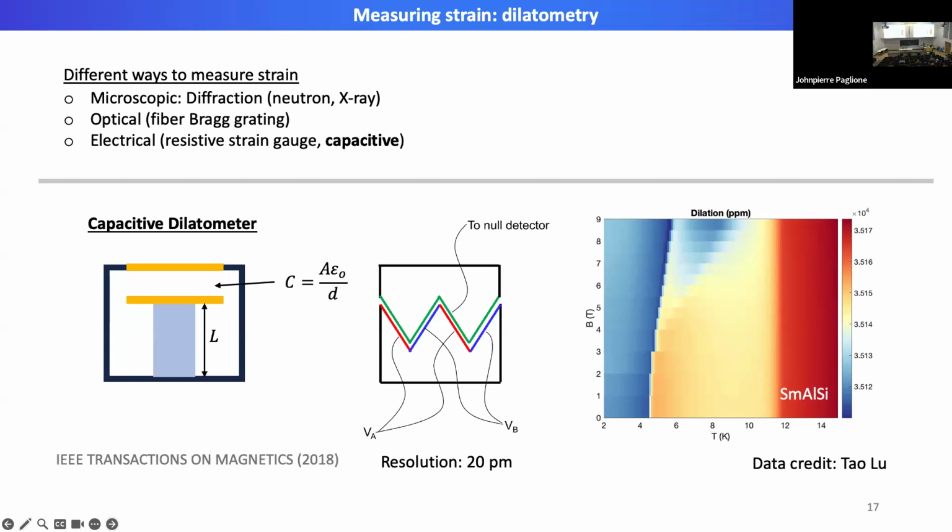And here is just a proof of principle measurement we've done with our dilatometer setup on a rare earth-based intermetallic, where you can see that it has a very sharp resolution of the different phases of the system.